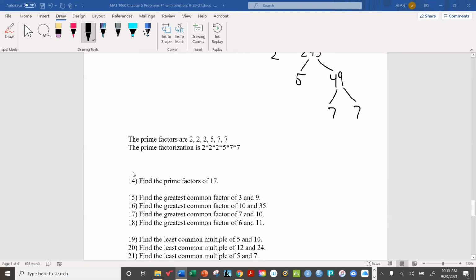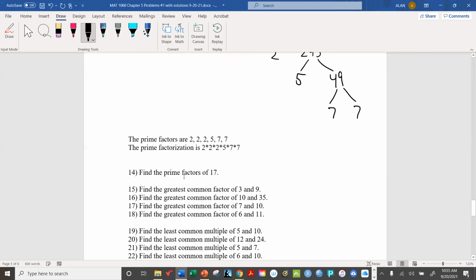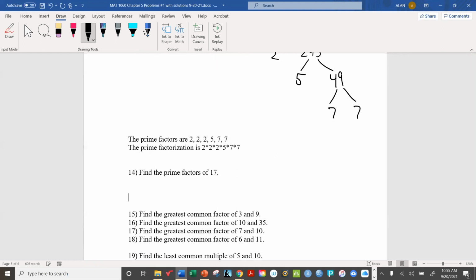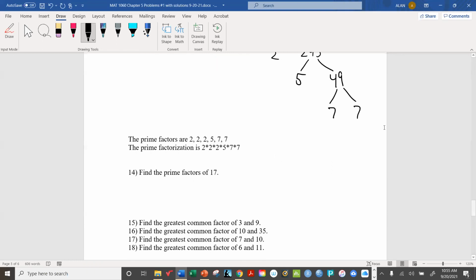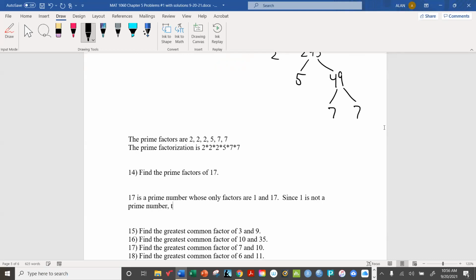All right, now this one's interesting. Now, clearly, 17 is a prime number whose only factors are 1 and 17. Since 1 is not a prime number, the only prime factor of 17 is 17.